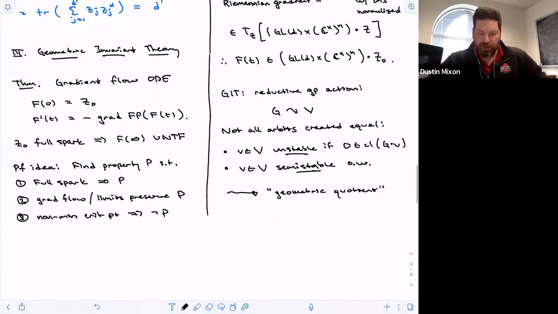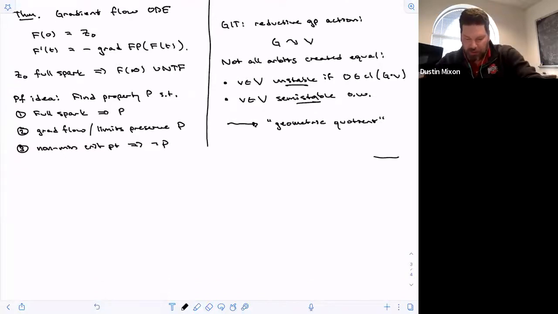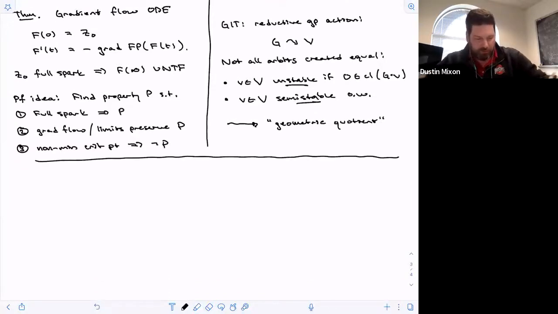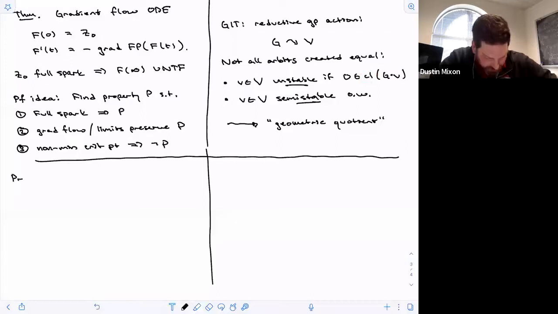So for us, the thing that matters is we're going to have a property that is robust to gradient flow. It's also going to be robust to limits thanks to this closure kind of thing. And this proposition makes that clear.